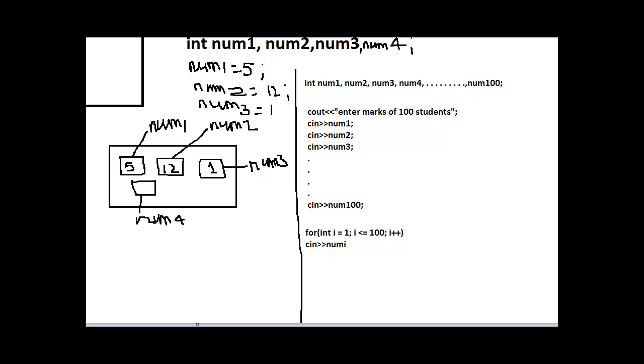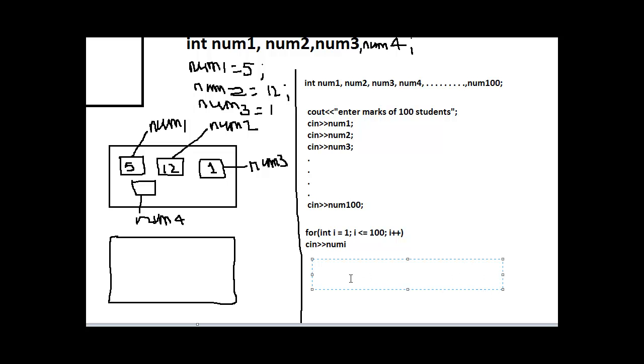But how do arrays work? Well, let us say this is our RAM, and you write int num, square bracket 100.